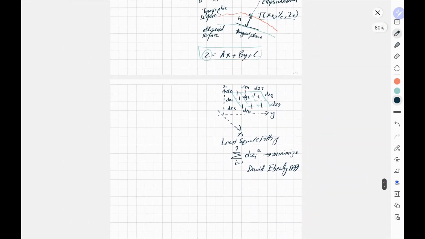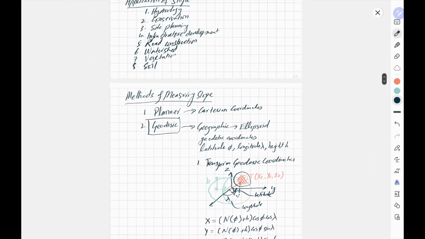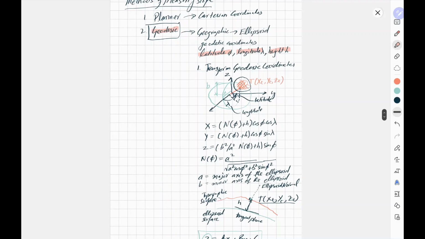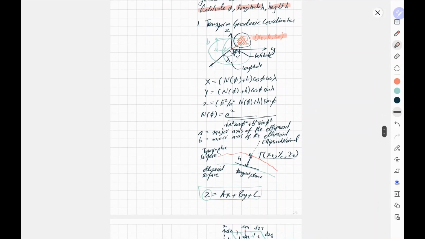In this process, we have geodesic coordinates, in which we have angles, latitude, longitude, and height. We perform a transformation, in which we convert the coordinates into x, y, z using some formulas.